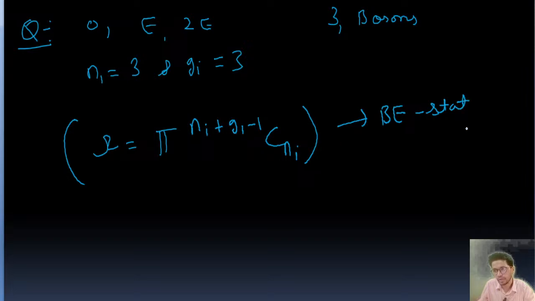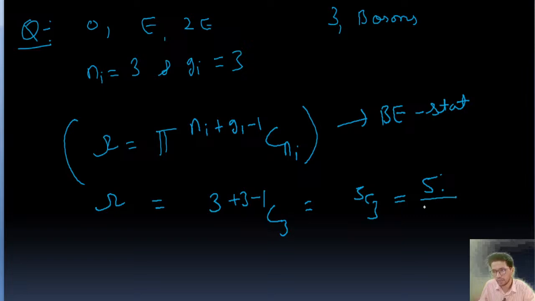I'm writing in short BE, and this is Bose-Einstein. Value of omega is going to be, there is only one, Ni and Gi are given, right? So 3 plus 3 minus 1 C Ni, that is 3, right? So this is 3 plus 3 is 6 minus 1, right? This is 5C3, and this is going to be 5 factorial upon 3 factorial into 2 factorial, right?